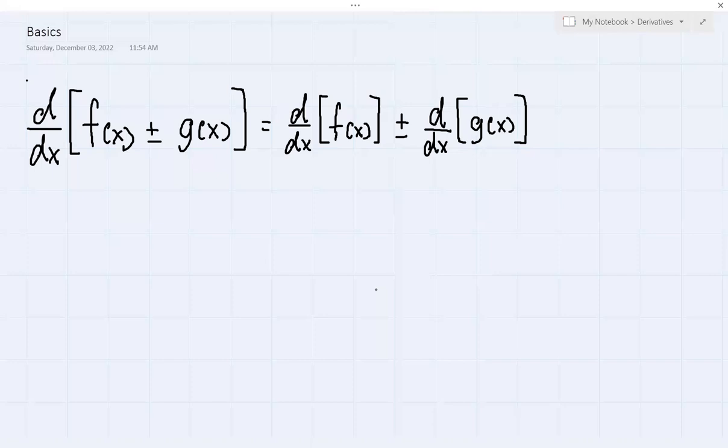Kasi kapag multiplication or division ang ginamit na operation just to separate two functions or more than two functions rather, then ibang rule na gagamitin nyo. Iba na yon. Like it's already a different rule of differentiation na gagamitin natin, which is to be explained in the future. Okay? For now, let's stick with this one.